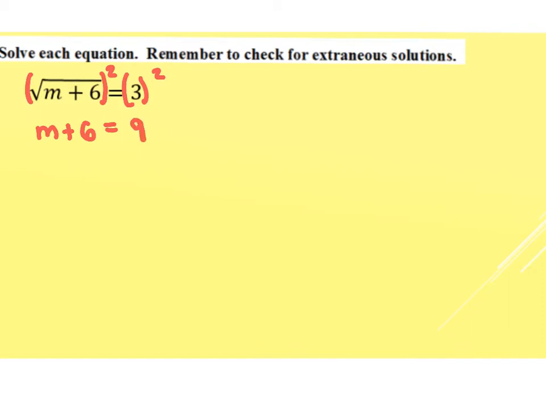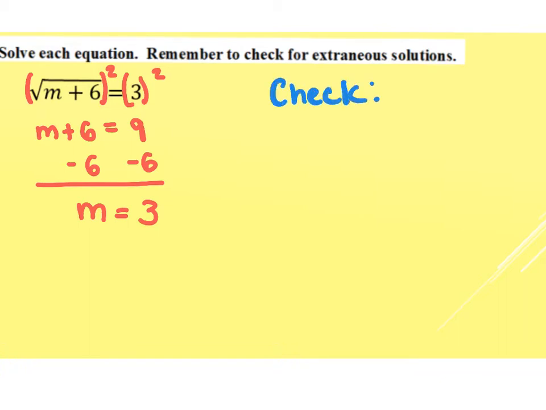Now, if we want to solve for m, you'd have to subtract 6 from both sides to get that m equals 3. Now, for each equation, a part of this is checking that your answer works. So in order to check, we would take our original equation and substitute the 3 in for m.